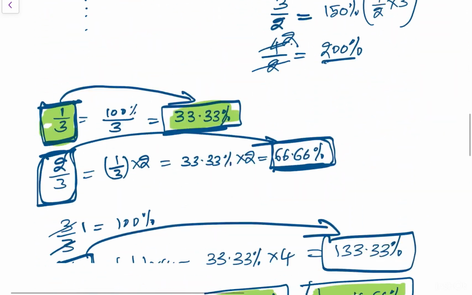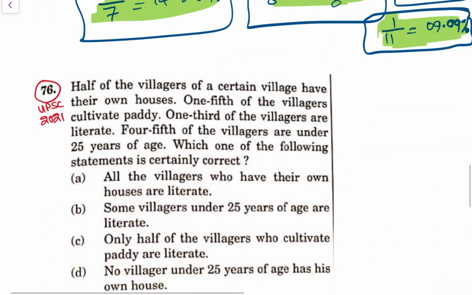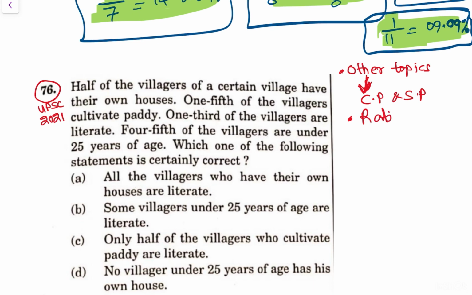This topic is important for doing other topics, ठीक है, like cost price and selling price वाले topics, other concepts like ratio, and in other topics like number system, surds and indices.